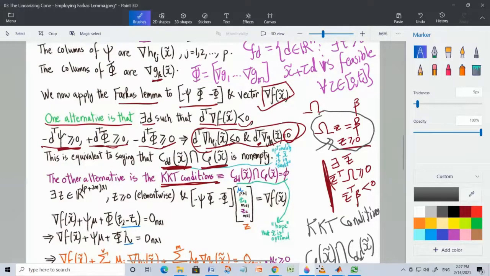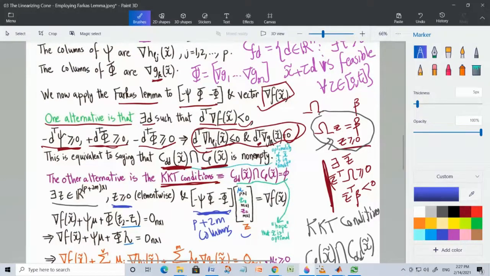If the above is not true, then the other alternative is that there exists a vector, non-negative element-wise, such that the matrix of the Farkas lemma multiplied by the vector, and I will write down this vector in block form. I will divide this vector into mu, z1 and z2 stacked on one another like this. Remember that this matrix has b plus 2m columns.